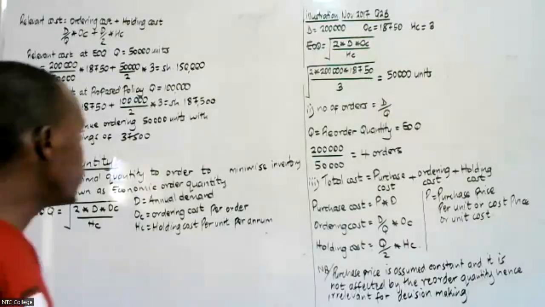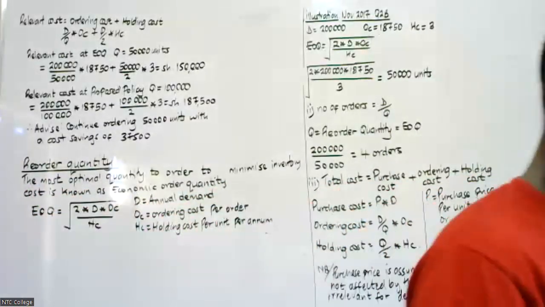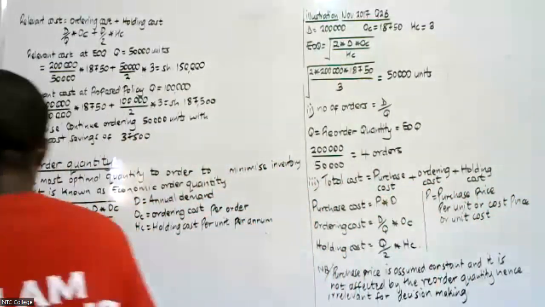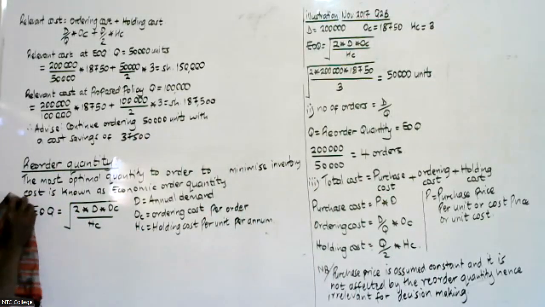So if they continue buying 50,000 units and not the 100,000 units, they're going to save 37,500.